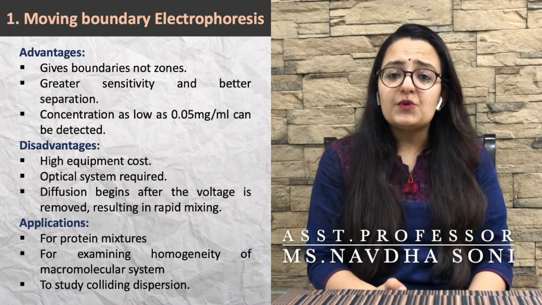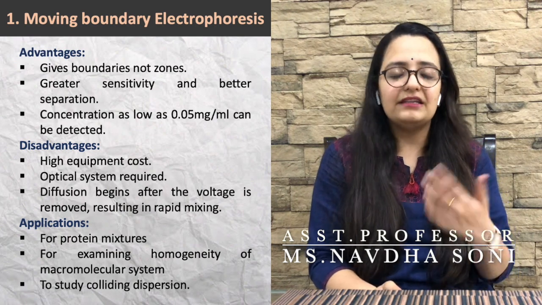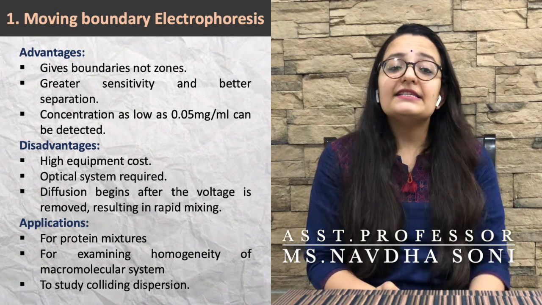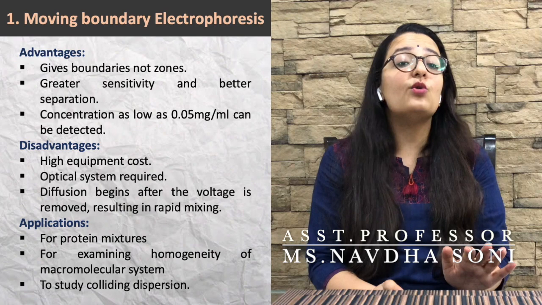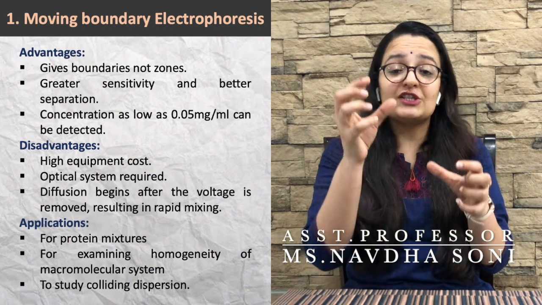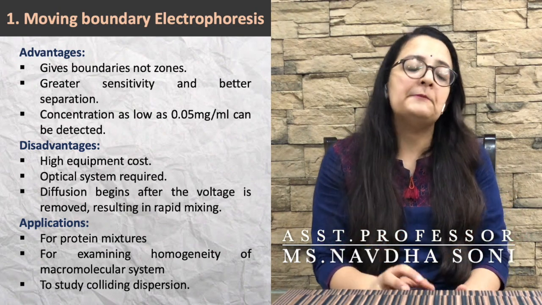There are various advantages. It gives boundaries, not zones, while zone electrophoresis gives zones. It has greater sensitivity and better separation, with concentrations as low as 0.05 milligram per ml, so a very small amount of sample can be separated.